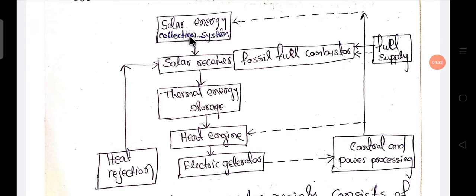If the solar energy is less, on cloudy days or at night time, or the amount we need for producing thermal energy is not met, then we also use a fossil fuel combustor.